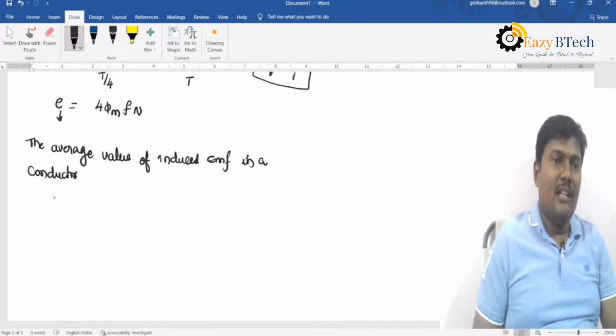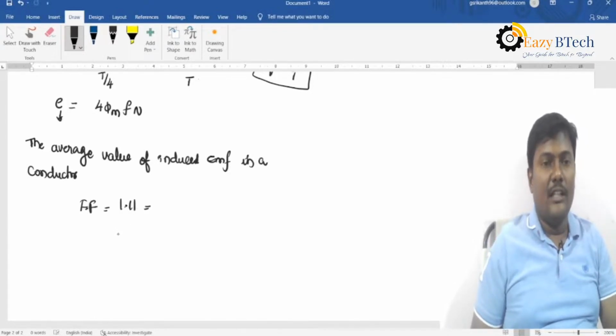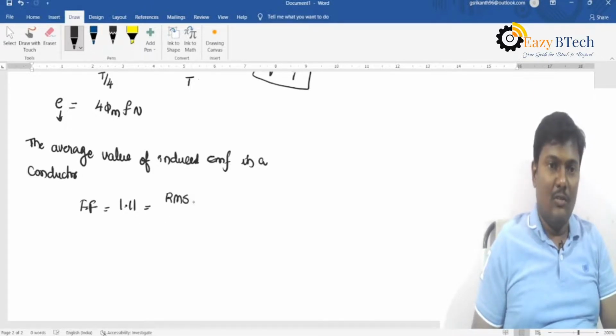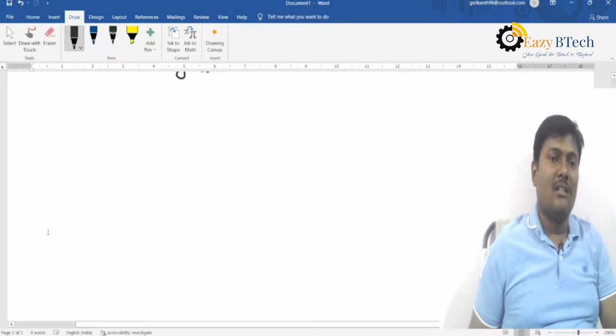But generally AC is measured in RMS value. We have a relationship between the RMS value and the average value, that is called the form factor. So the form factor for an alternating quantity is 1.11, that is RMS value by average value, E RMS divided by E average.